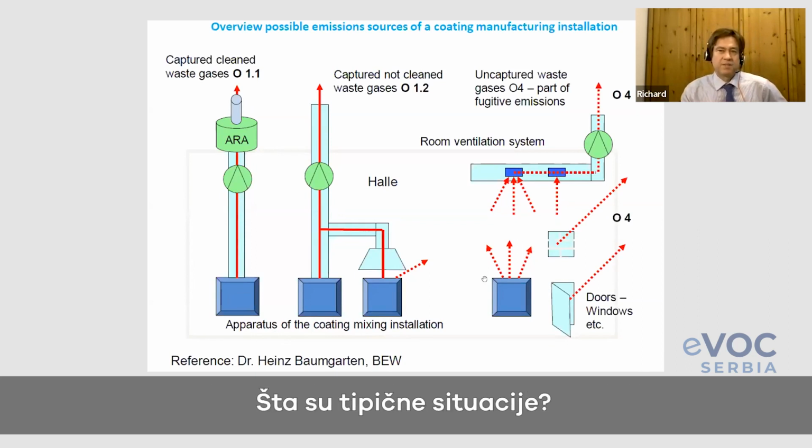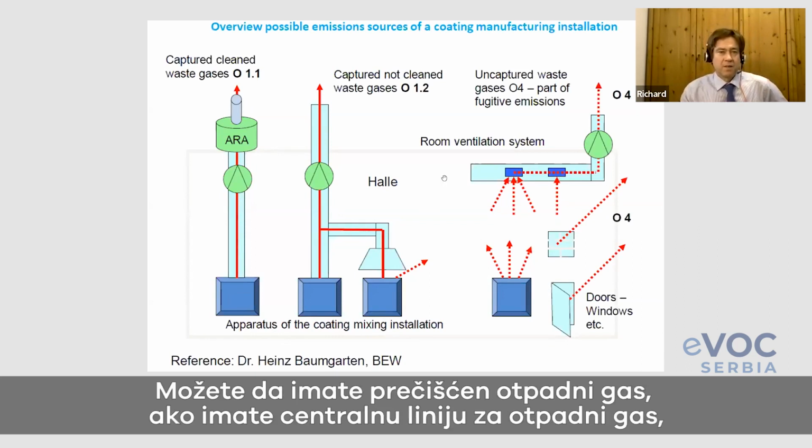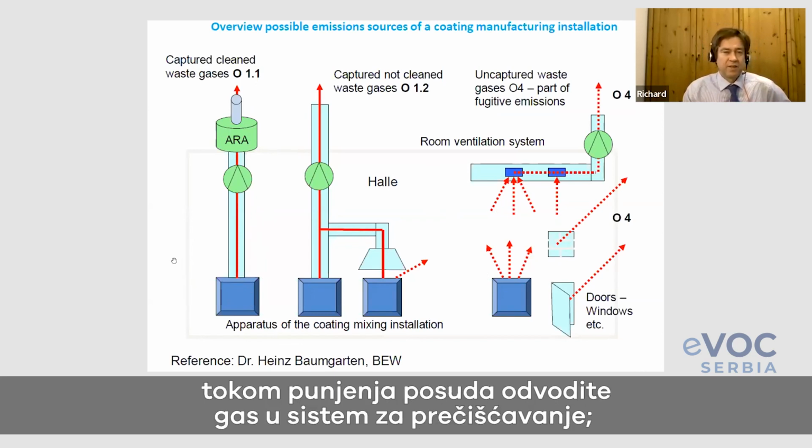So what are typical situations? You can have a clean waste gas. For example, if you have a central waste gas line for VOCs during the filling of those containers and dispensers, then you connect it to a waste gas abatement system.